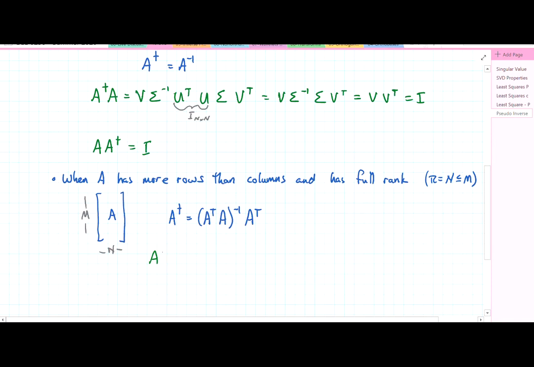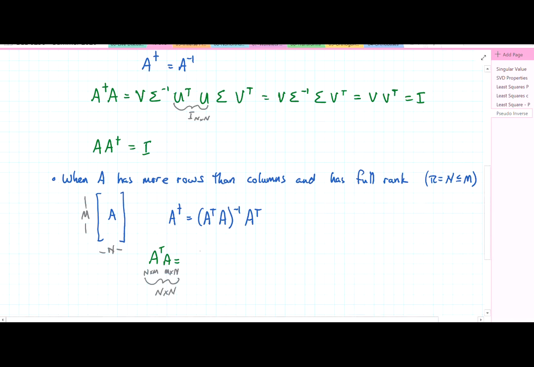We'd have A transpose A is, this would be N by M, and that's M by N, and so the product is going to be N by N, and since it's full rank, there we go, we have invertible.